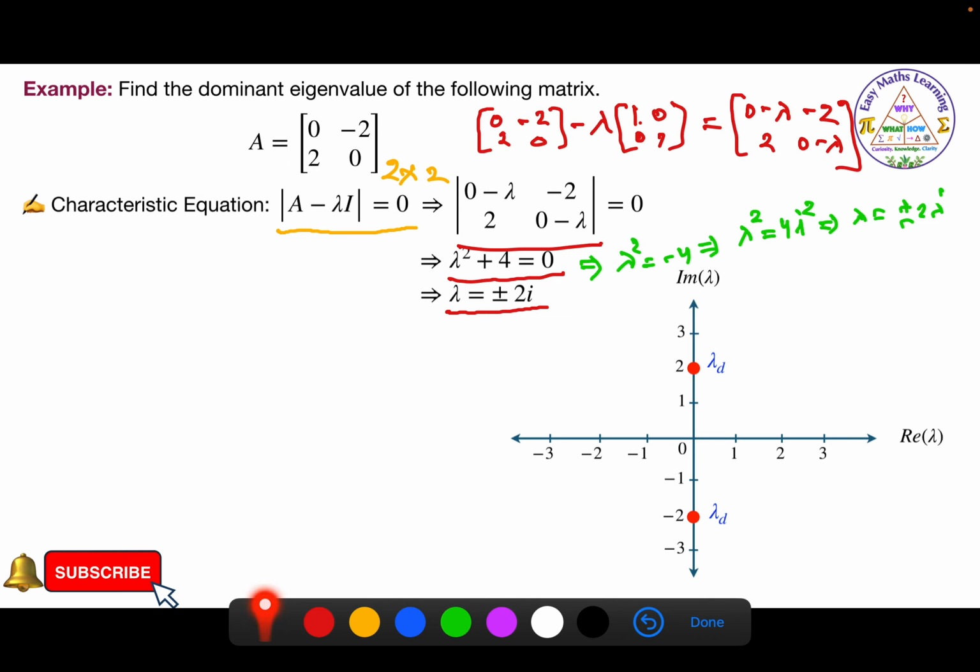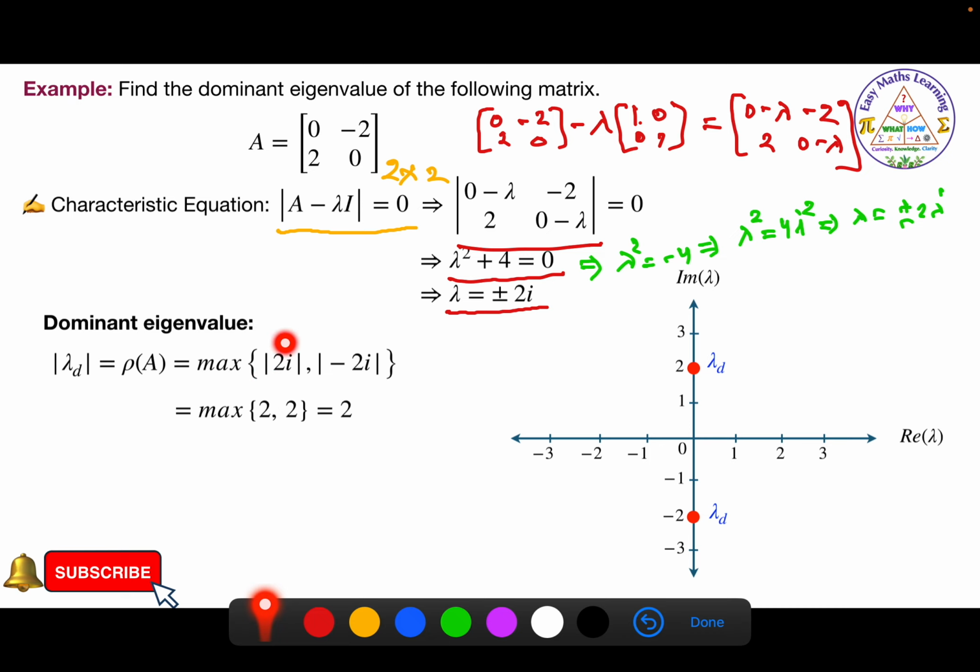So in the complex plane you can represent these eigenvalues as 2i and -2i. Now we find the dominant eigenvalue. We find the modulus of 2i and the modulus of -2i. The modulus of 2i is 2, and the modulus of -2i is also 2. You can see from the distance from the origin that it is 2, and similarly in this case the distance is 2.